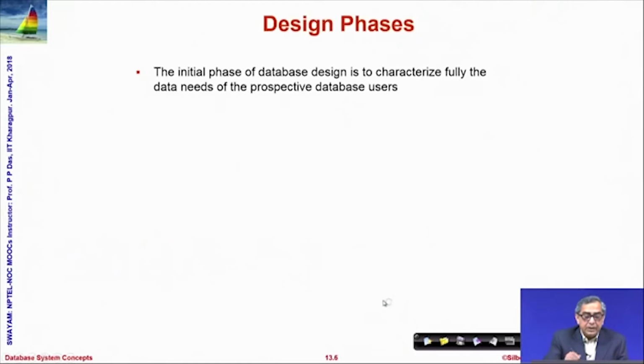The design process at an abstract level: the initial phase of database design certainly has to characterize what data is required to be maintained for an enterprise. So, if I am doing a university database, naturally we will need to identify the data needs.